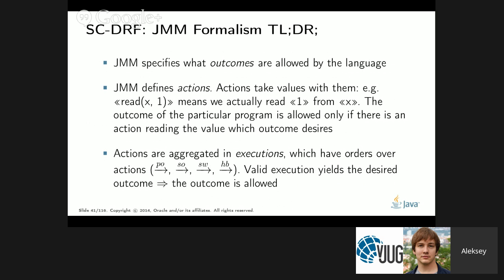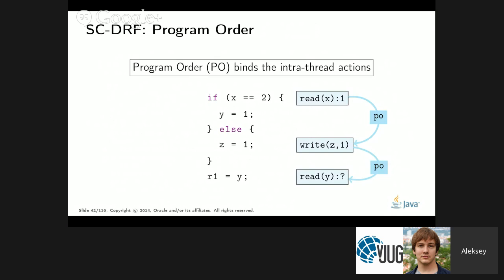So this is the most twisted part of this talk. Let's go and build some formalisms as they are built in the JMM spec. First, we start with the program order. Let's suppose we have this program at the center, which says if x equals 2, then we store 1 to y, or we store 1 to z, and then we read something from y to r1.